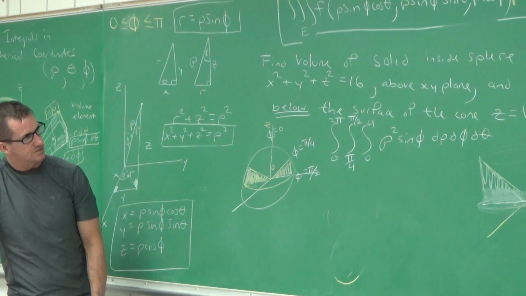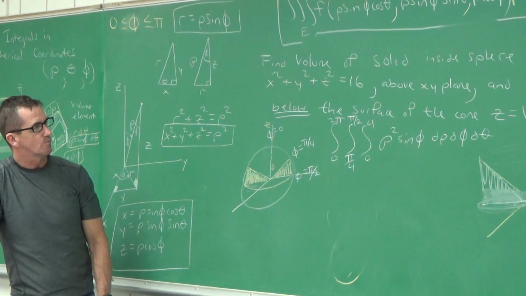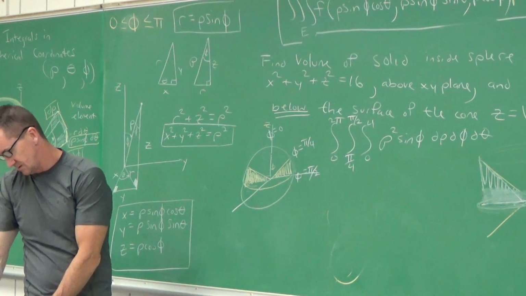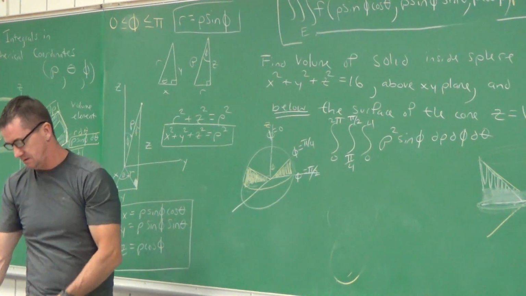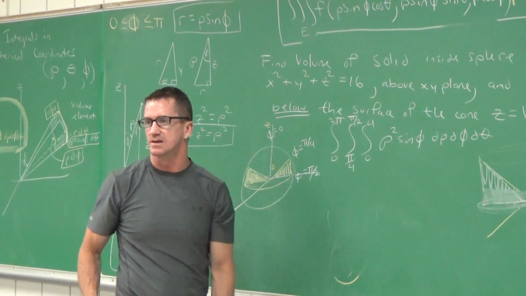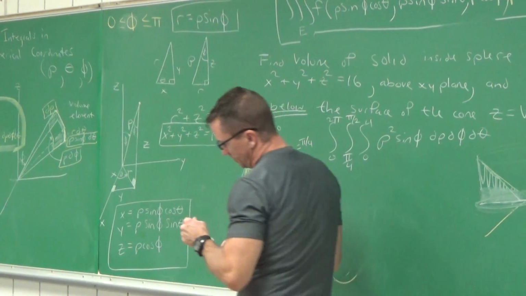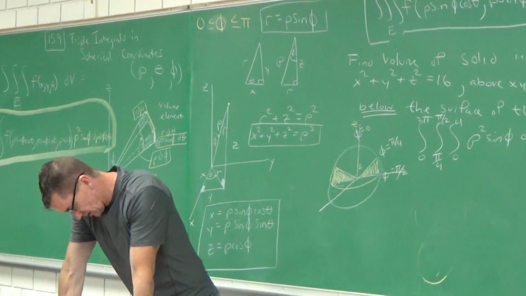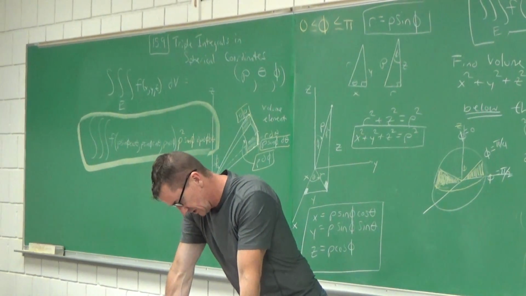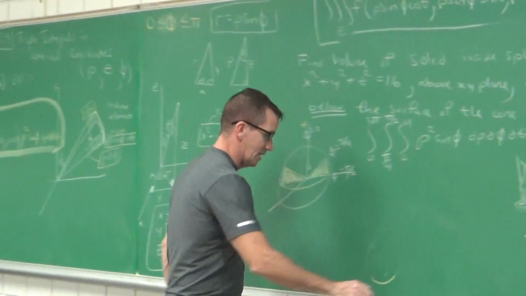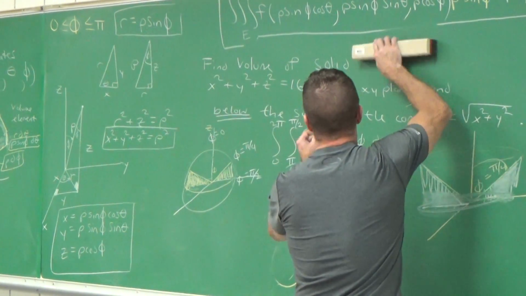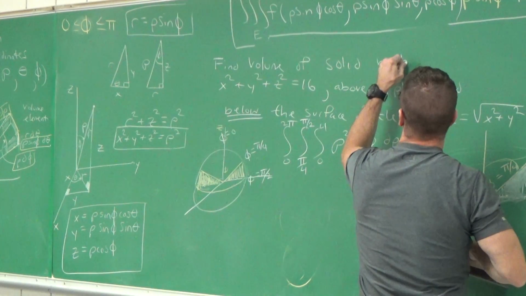And when I want to switch this up and do a problem like that last one on here, the wording has changed slightly. Okay? Find the volume. Use spherical coordinates to find the volume of the solid that lies, this time, within the sphere.